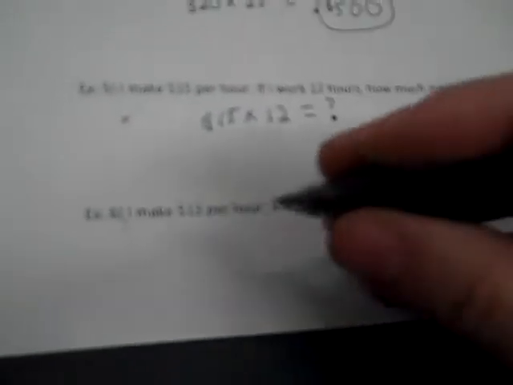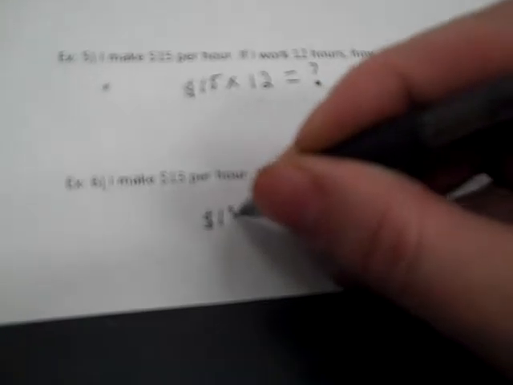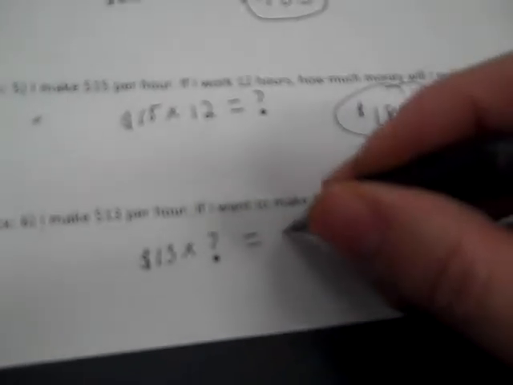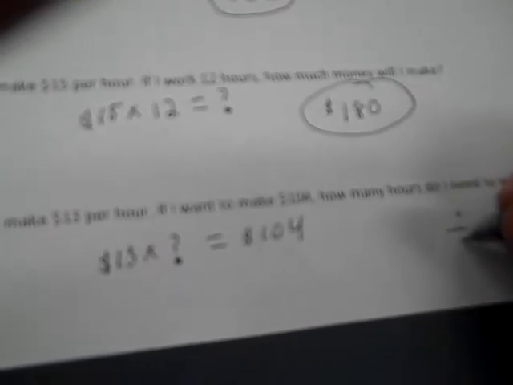Okay, example 6. I make $13 per hour. If I want to make $104, how many hours do I need to work? Okay, so $13. How many hours did I work? We don't know, so question mark. And when I'm done working, I've made $104. Okay, so this I can't times, so it needs to be a division problem.